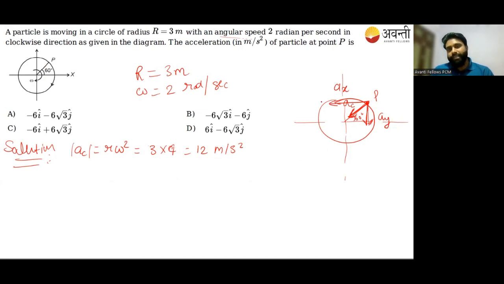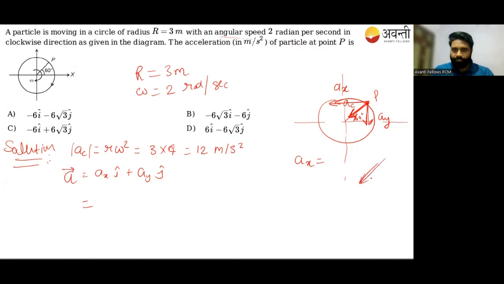And this is also on the left side, so it would also be considered negative. So you can write this acceleration vector as ax i cap plus ay j cap. Okay. Ax here is the value of AC, and this angle is 60. I must write it here.